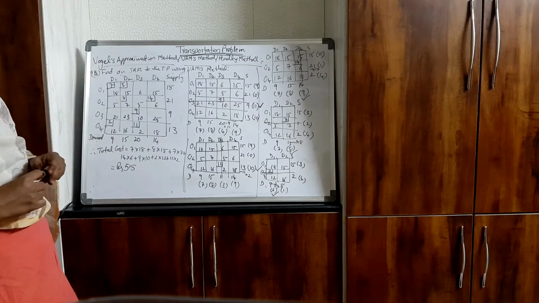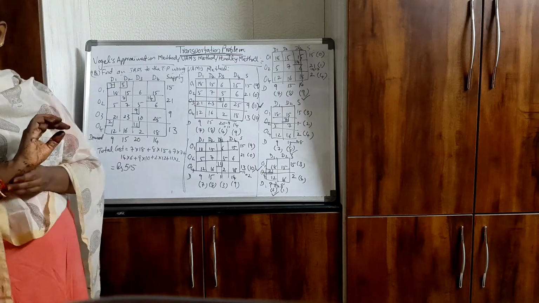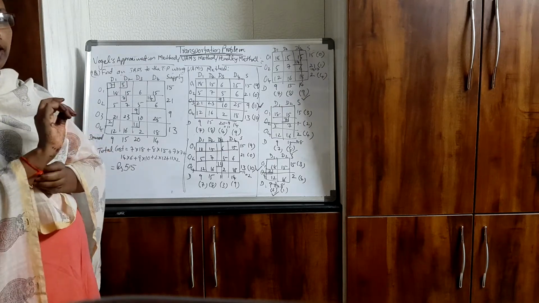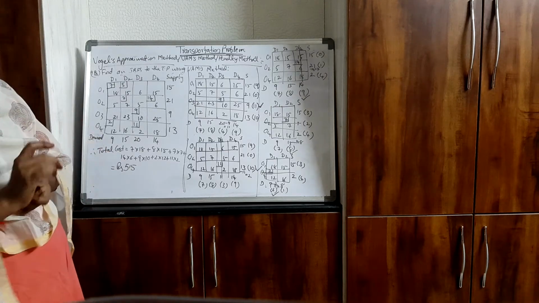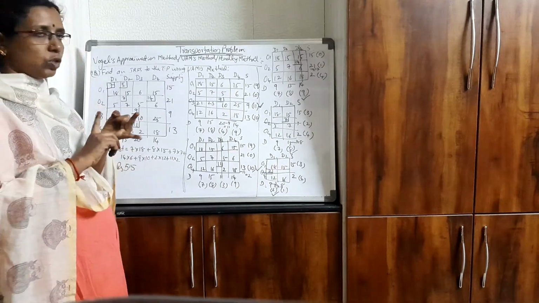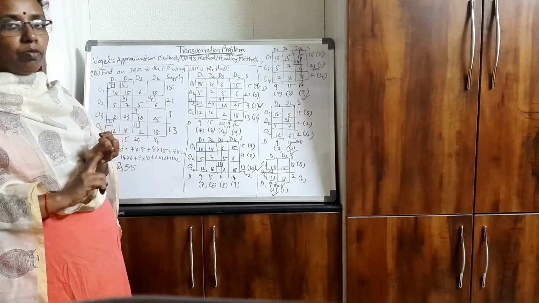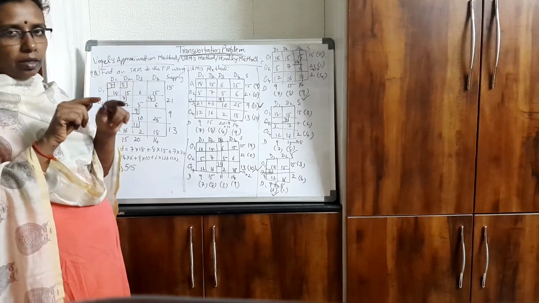So this is the VAM method. In the VAM method, what we'll do is, we'll calculate the penalties first. What are the penalties? We'll select the first minimum and second minimum of each row and find the difference of those two minimums of each row and write them within brackets.